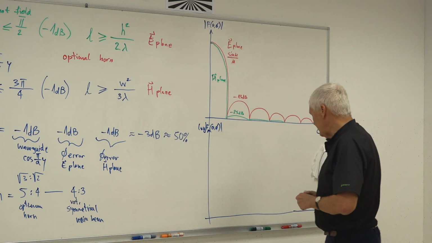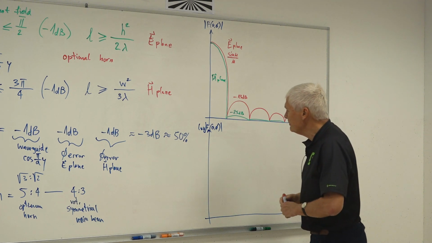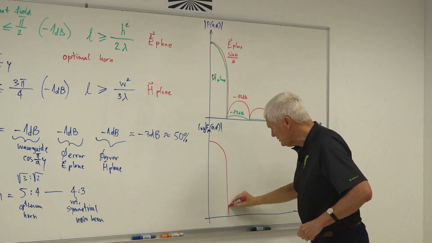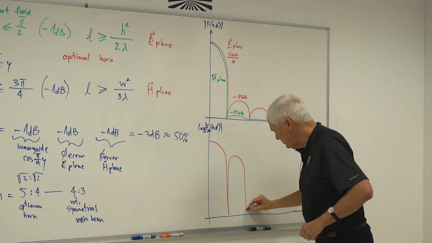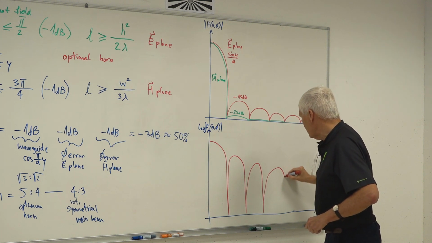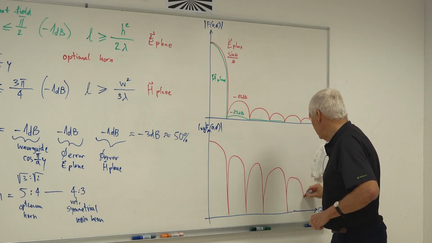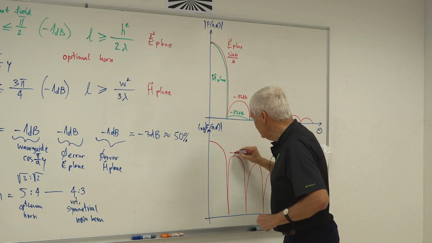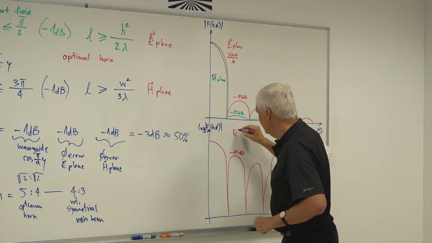On a logarithmic scale, how do things look like? On the logarithmic scale, I may see better what is going on. It's the same radiation pattern drawn in another scale. And this is now the minus 13 dB point for the E-plane.